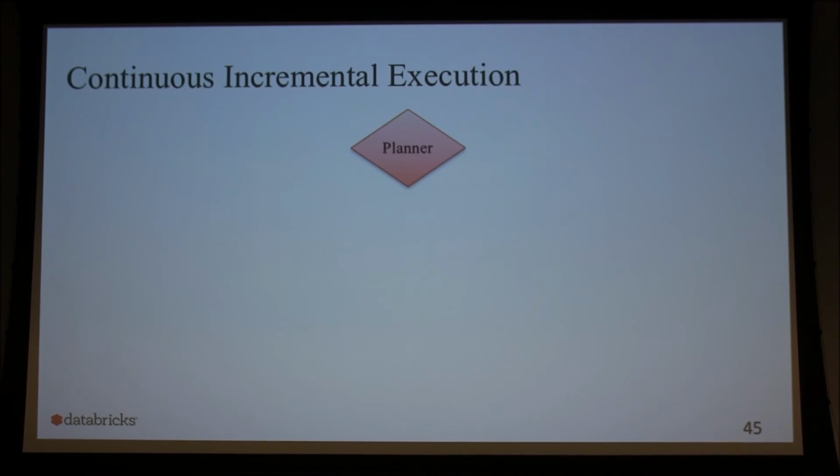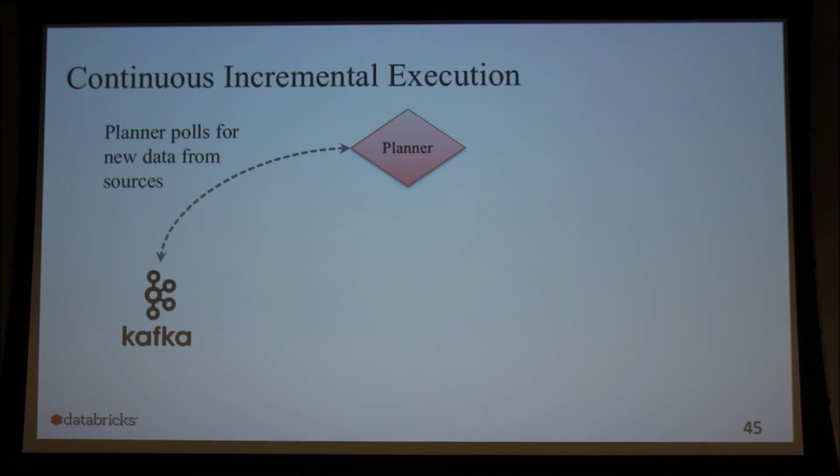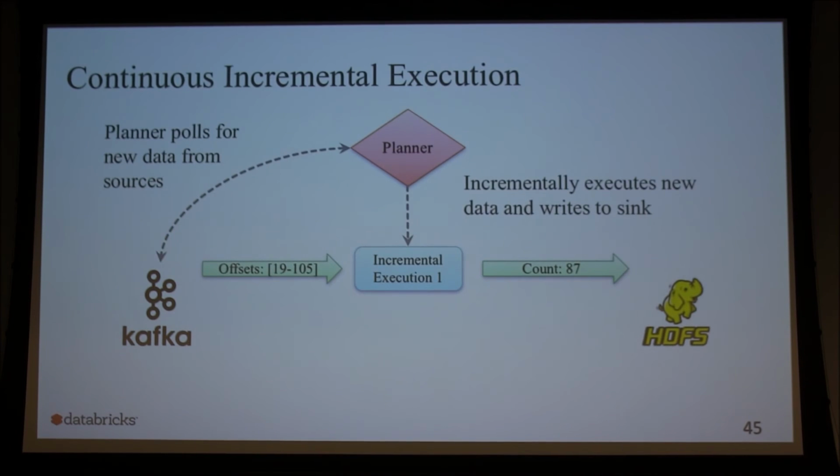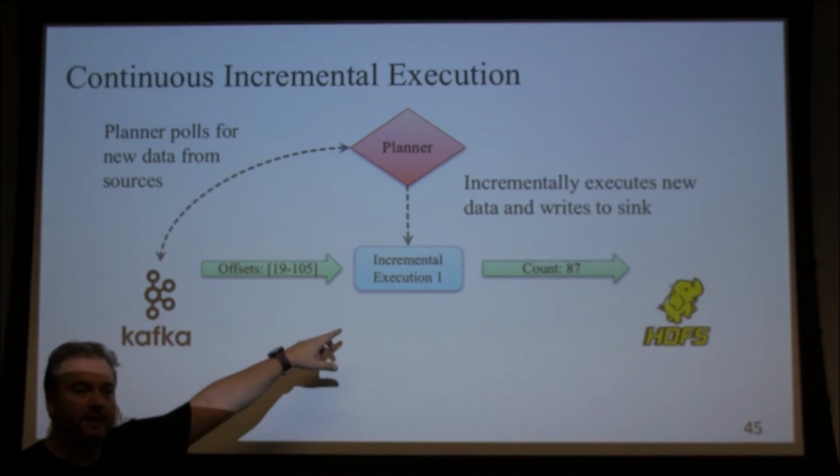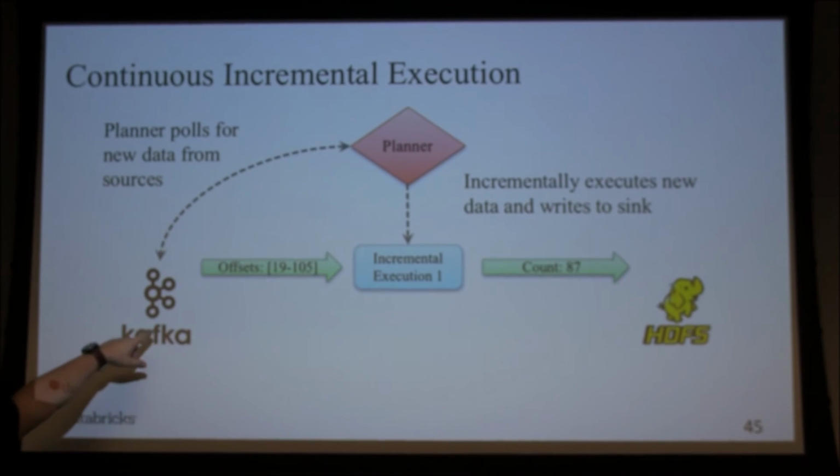So when you actually look at how our structured streaming works, if we use Kafka, for example, we use that same advanced capability to do our incremental execution. That's why I say it really is kind of micro batching.